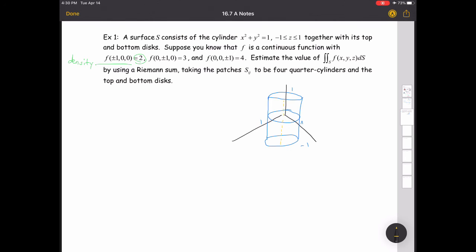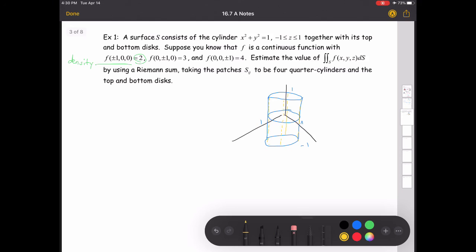But ultimately, they want us to split it into 4 equal pieces, and we're going to take a representation on each one of those pieces. Using the pi fourths is probably the best way to do it, although that's really not going to come into play.